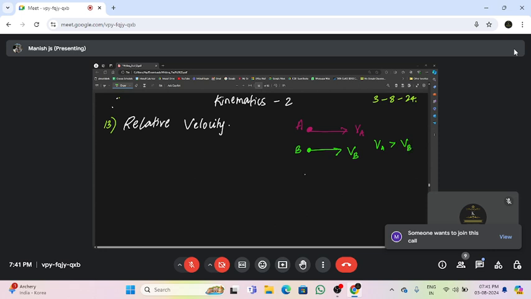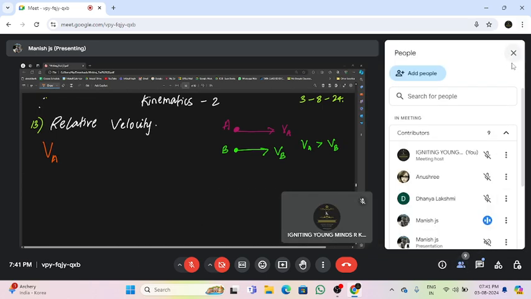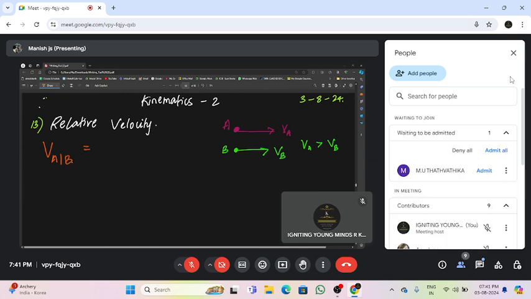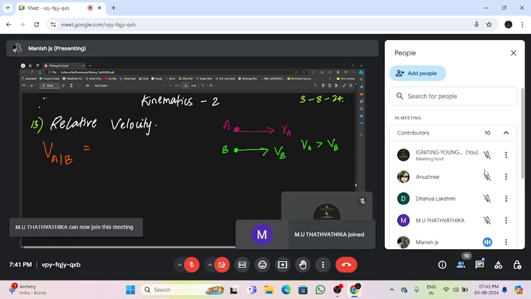If this is the case, then what is the relative velocity of one object with respect to the other? We express the relative velocity as the velocity of A with respect to object B, written VAB, or you can also put a line over it to differentiate.